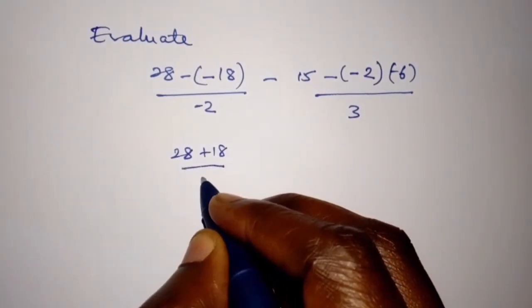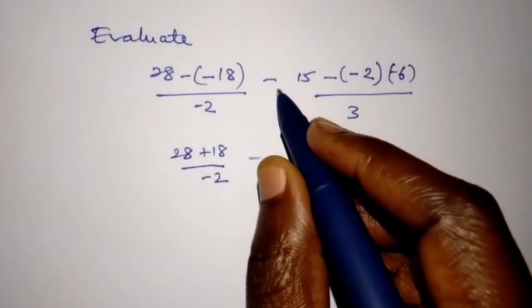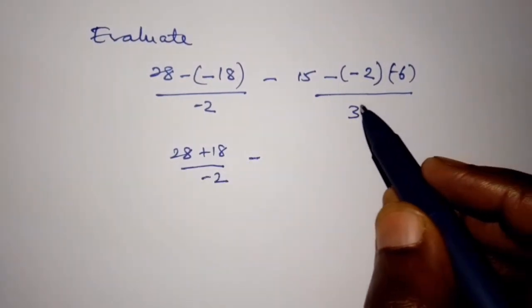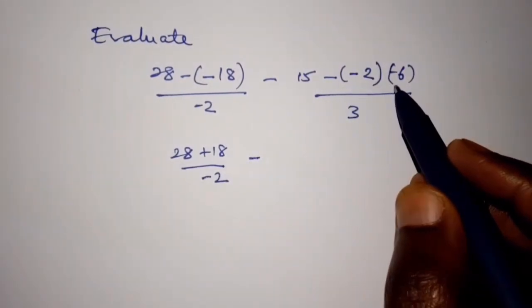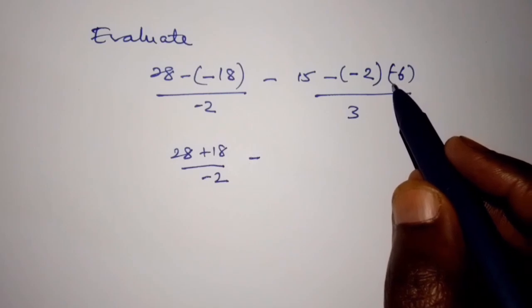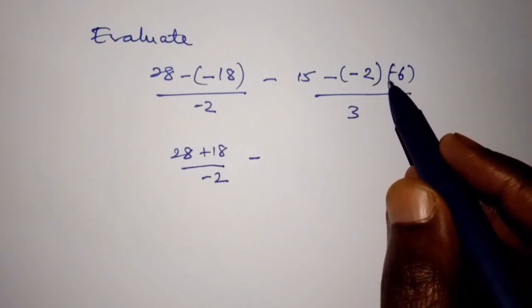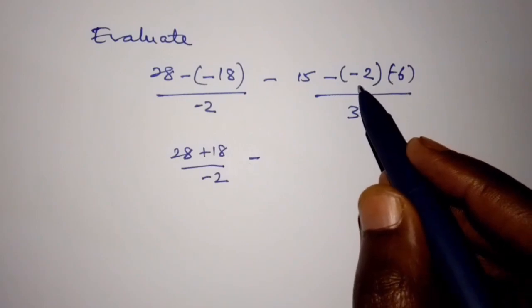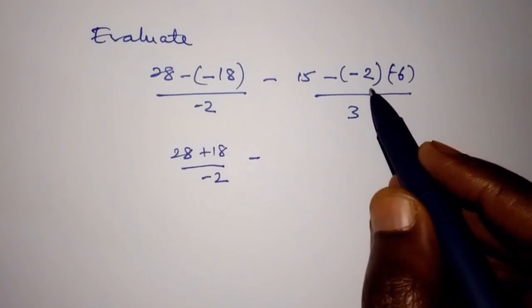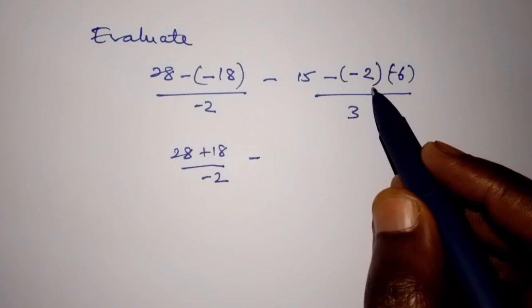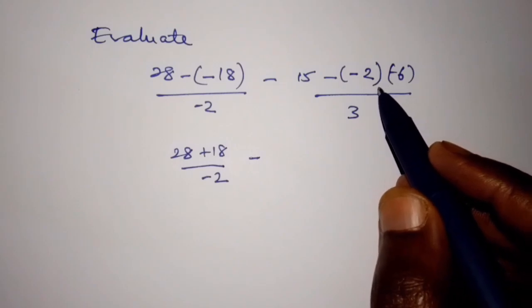Over negative 2 minus 15 minus. Negative 2 times negative 6 is a positive 12.